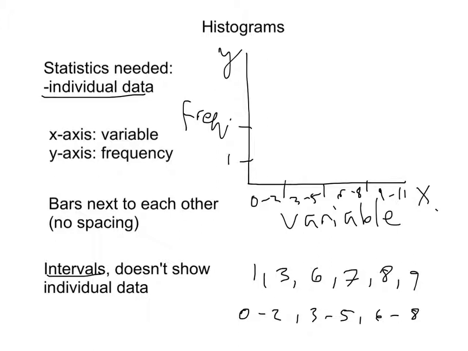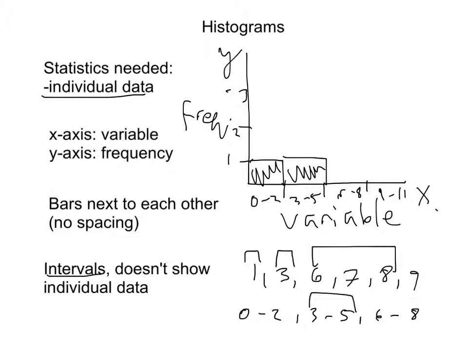So let's do 1, 2, 3. So in 0 to 2, we have 1 piece of data. So we're going to have frequency 1. In this interval, 3 to 5, we have 1. In this interval, 6 to 8, we have 3. Go all the way up to 3. And in this interval, 9 to 11, we only have 1 again.